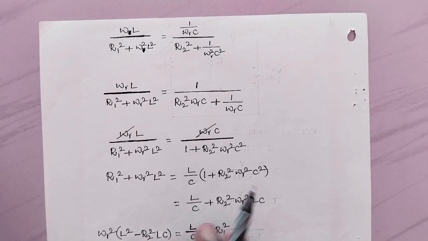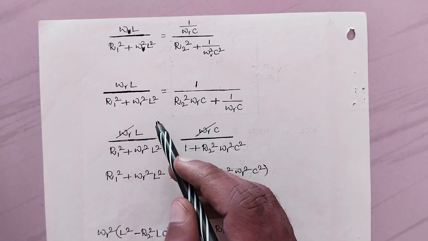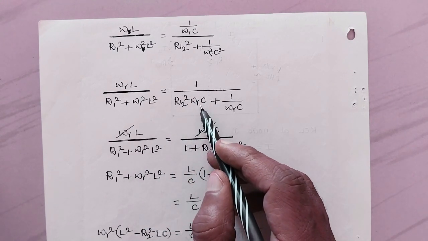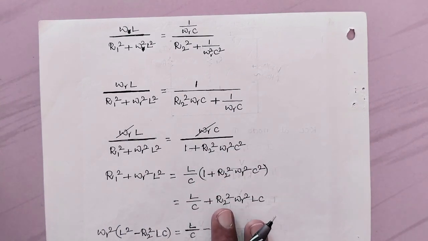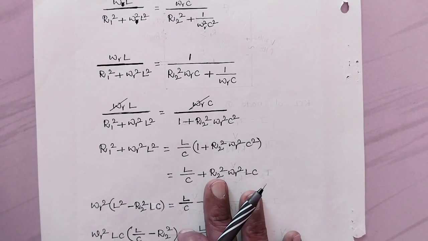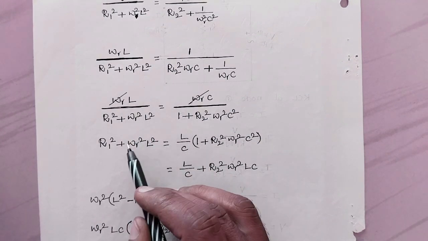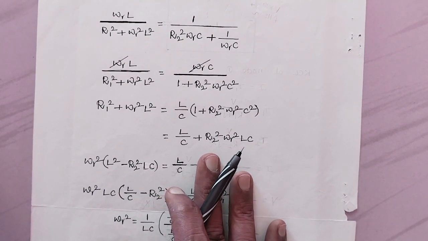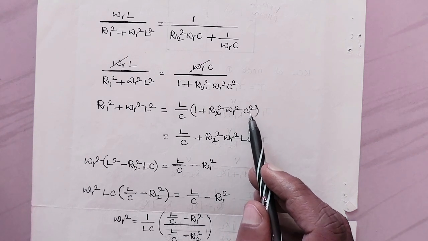Simplifying further, we get omega R L by (R1 square plus omega R square L square) equals 1 by (R2 square omega R C plus 1 by omega R C). Simplifying again, we get R1 square plus omega R square L square equals L by C times 1 by (R2 square omega R square C square).